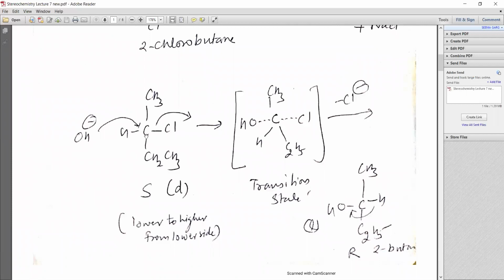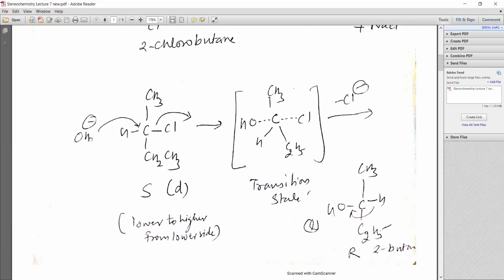When it is reacted with the nucleophile from the back side, this transition state may occur, and after the chloride leaves, you will get 2-butanol, and it is levorotatory.